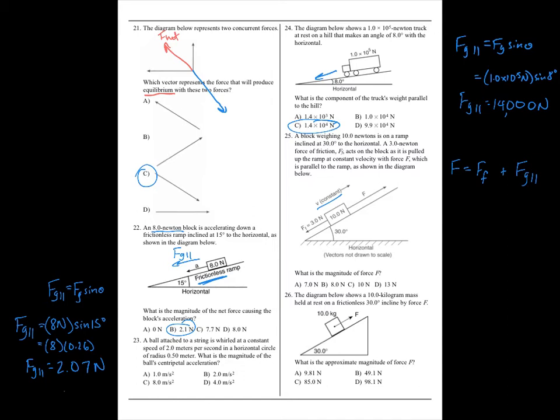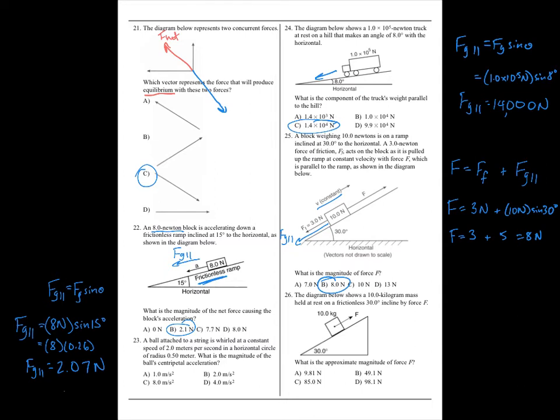Keep in mind, it's not listed there, but it's always there. So we already know the force of friction is 3 newtons. Fg sine theta now is 10 newtons times sine of 30. 3 plus 5, which equals 8 newtons. Choice B.